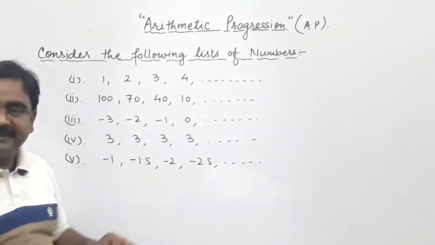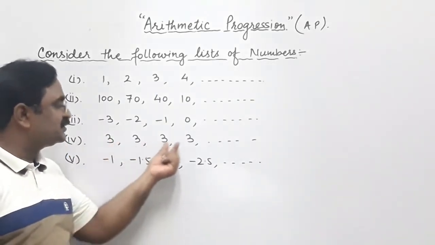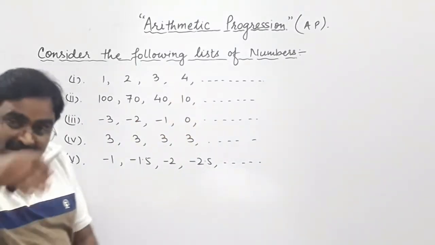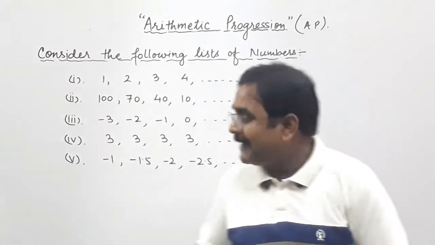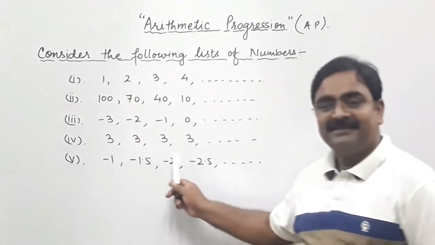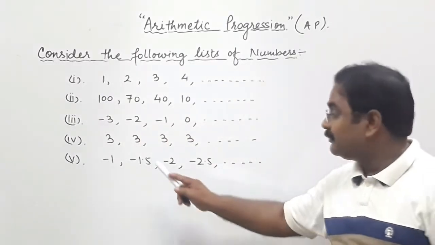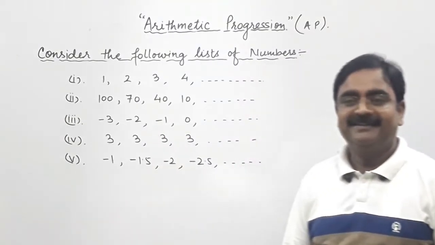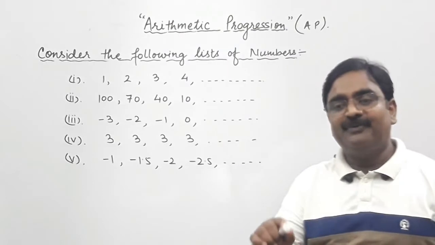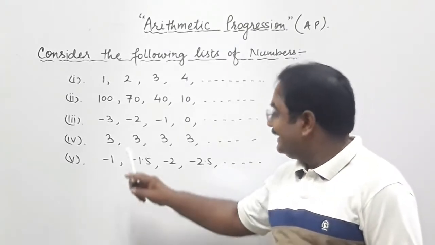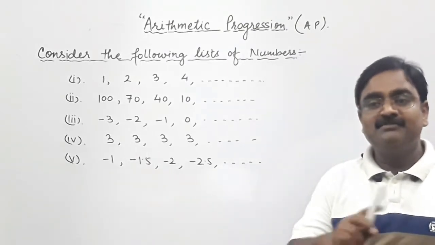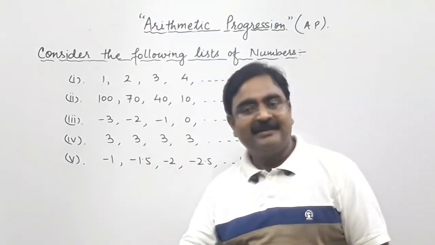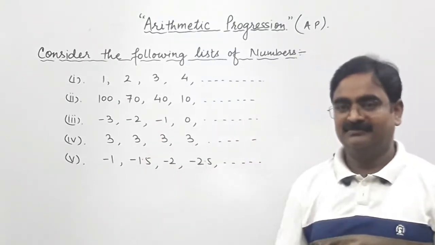In this example, children, you will see that every term is 3, 3, 3, 3, 3, etc. So is it also following a certain pattern? The question arises here that all the numbers are the same, but they are following a certain rule. Each and every term comes from its preceding term by adding or subtracting 0.